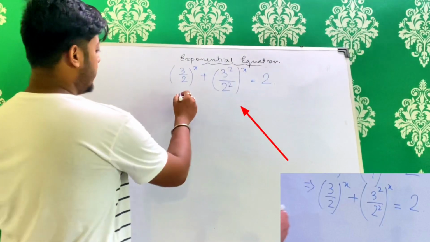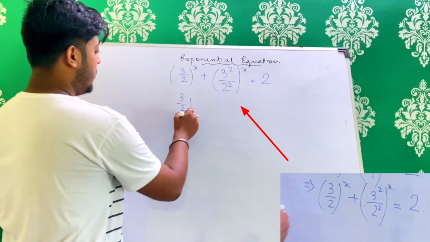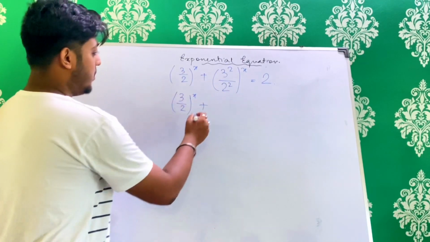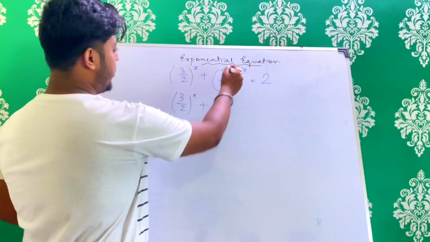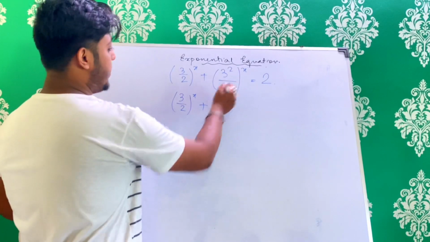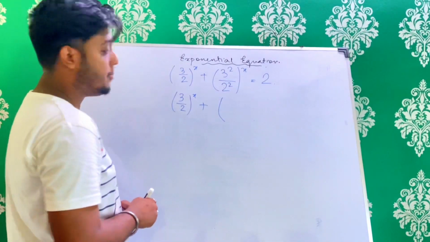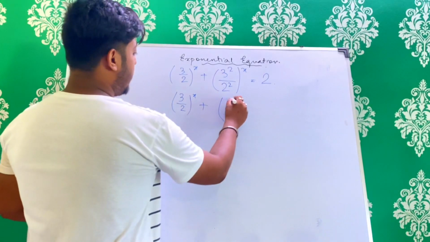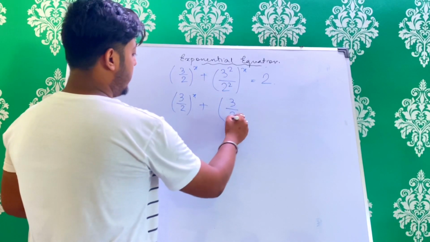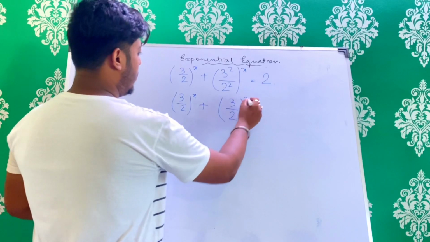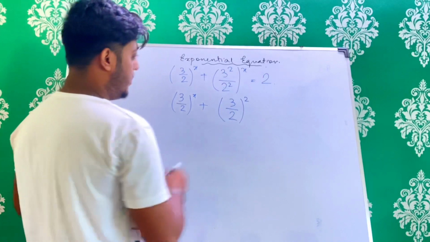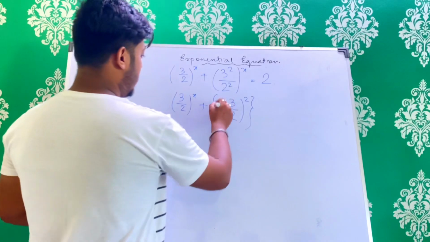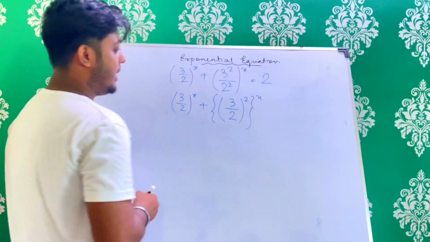Now a to the power m by b to the power m is a by b whole to the power m. We used this formula in the previous steps, right? So this would be 3 by 2 whole square to the power of x.